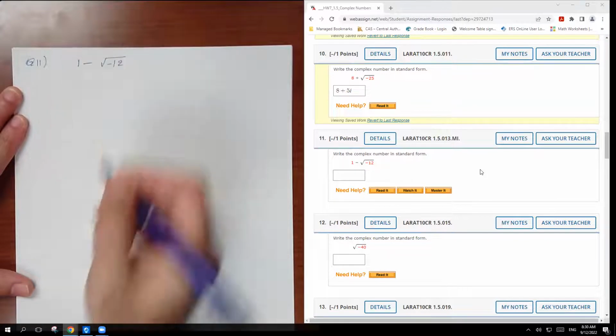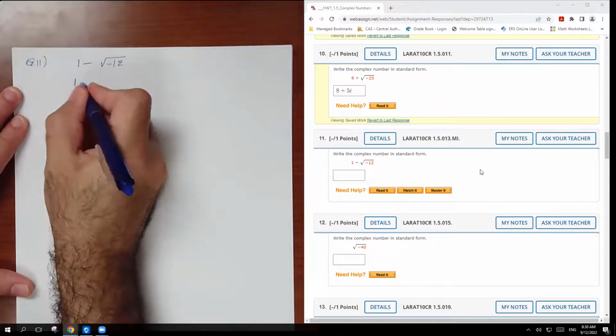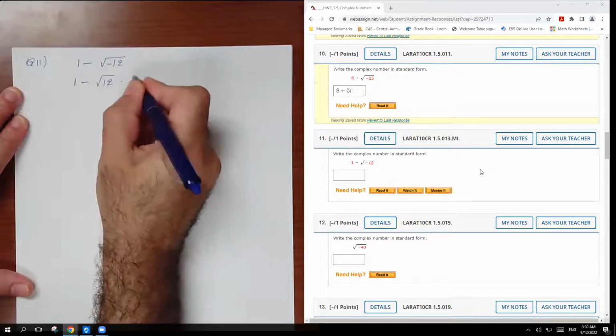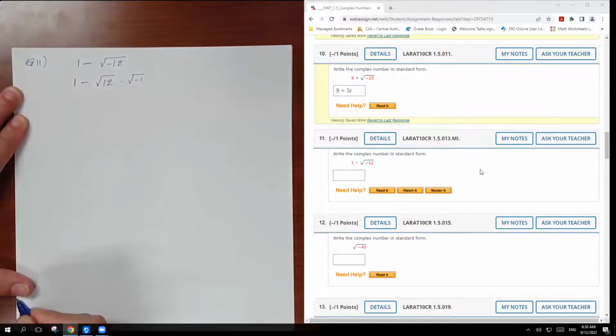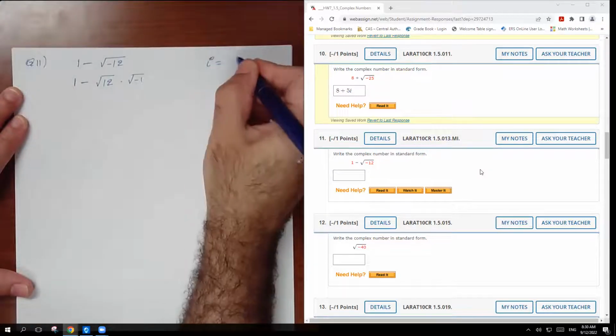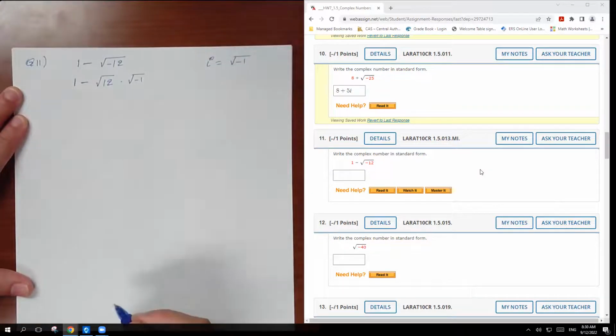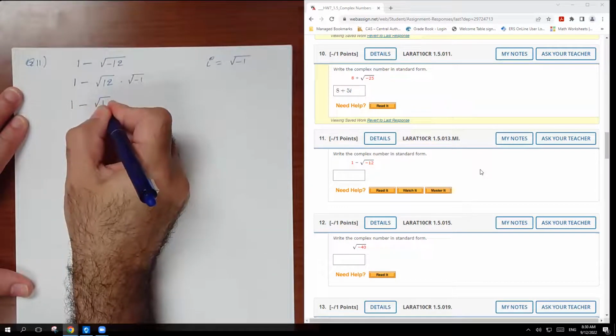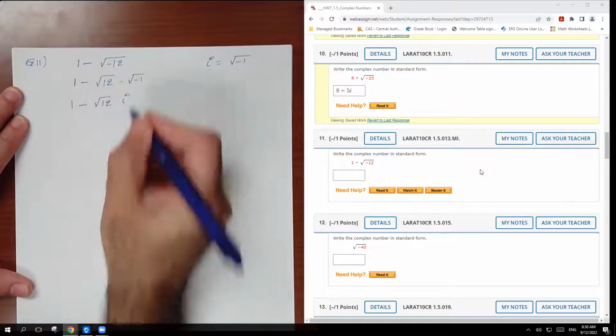I'm going to say 1 minus the square root of 12 times the square root of negative 1. I already know i equals the square root of negative 1. So here is 1 minus the square root of 12, and here is the i.